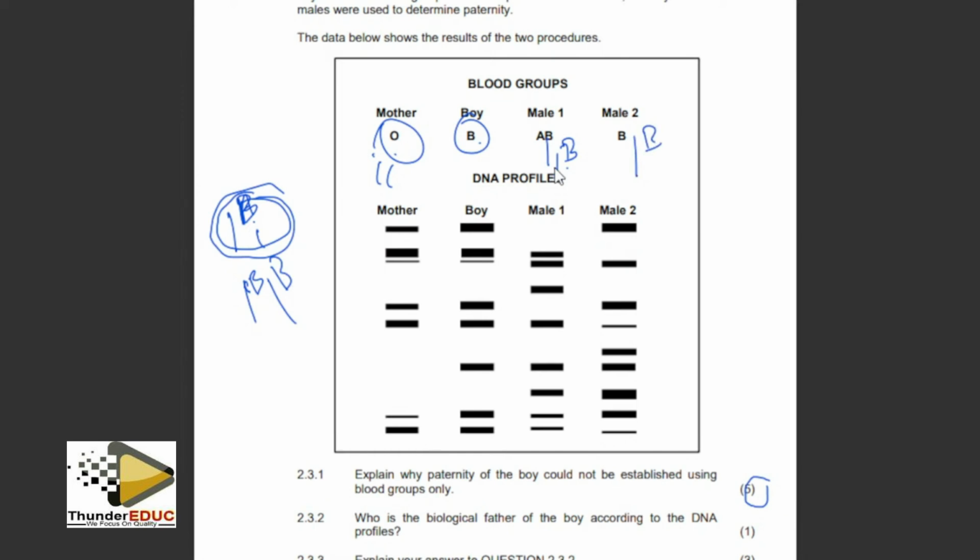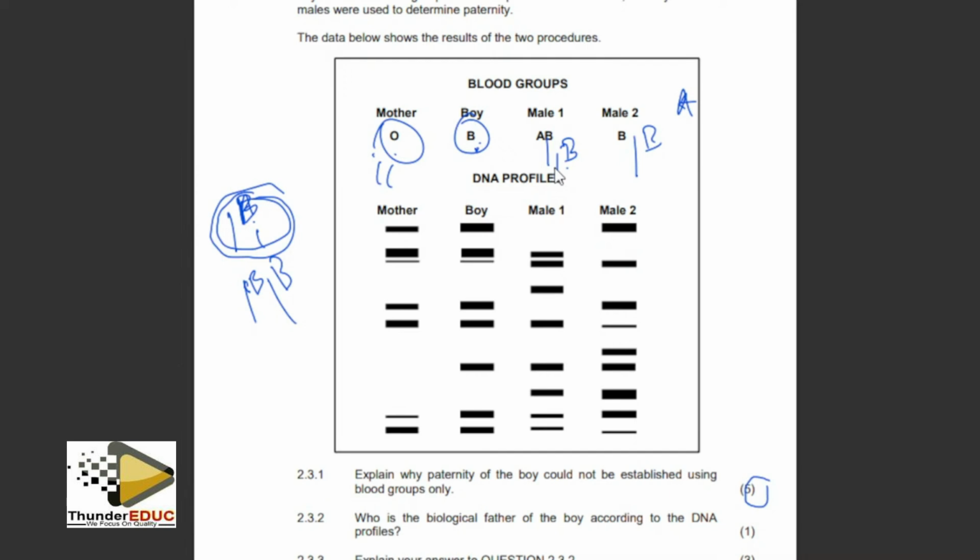So that's why in this case blood group can only help you to eliminate those possibilities which cannot happen. For example, the father can't be blood group A because this boy is blood group B. If it's blood group A, there is no way the boy is going to have blood group B. So if there is a man who is blood group A, that one is wiped out.